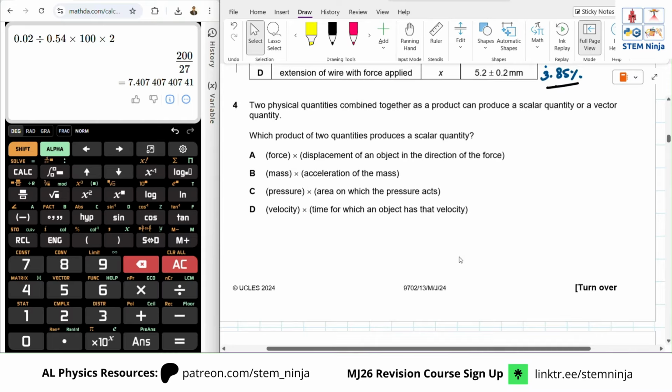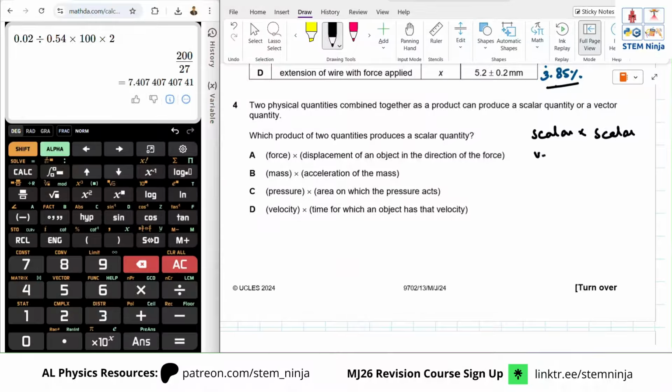Two physical quantities combined together as a product can produce a scalar quantity or a vector quantity. Which product of two quantities produces a scalar quantity? So this happens when you have a scalar times by a scalar. And if you take dot product of two vectors, that's when you get a scalar.